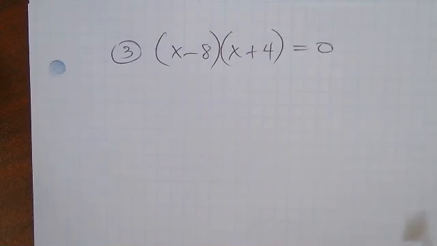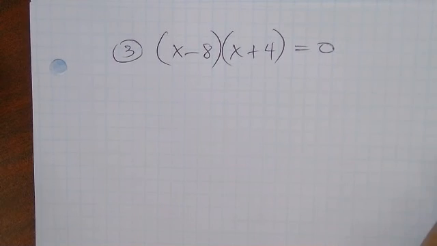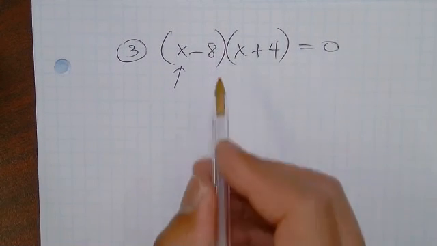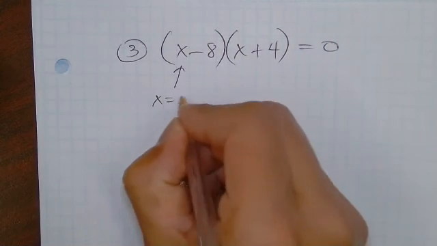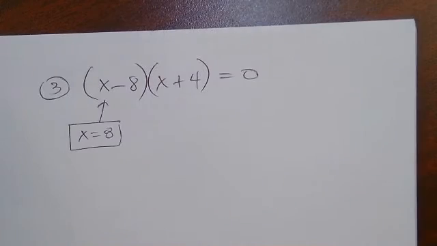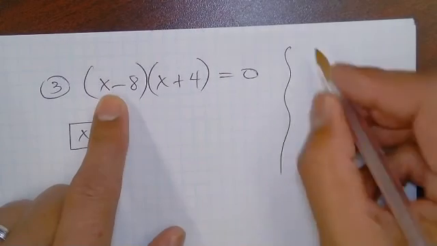But as long as I can get this one to be the 0, that's one answer. And then when I can get this one to be the 0, that's another answer that'll work. Some of you probably don't even have to do any work anymore, right? What's the answer for this x to make this parentheses a 0? Positive 8. You see how easy this is?